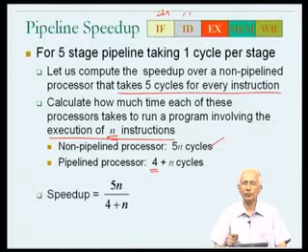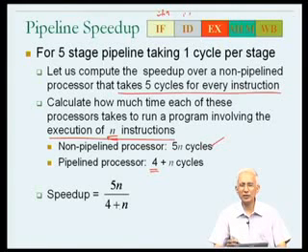And therefore, I can compute the speedup as 5n divided by 4 plus n. Now, this doesn't give me any particular insight by itself. But I could think about the scenario where n becomes larger and larger. 5n divided by 4 plus n is not very interesting when n is equal to 1, because if the program's execution involves only 1 instruction, then the speedup is going to be 5 divided by 5, which is 1.